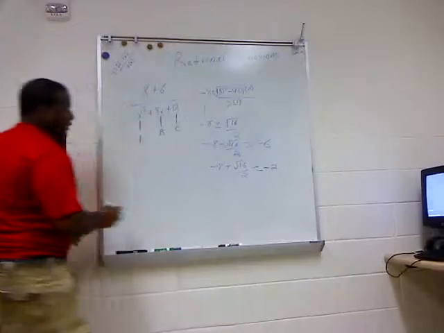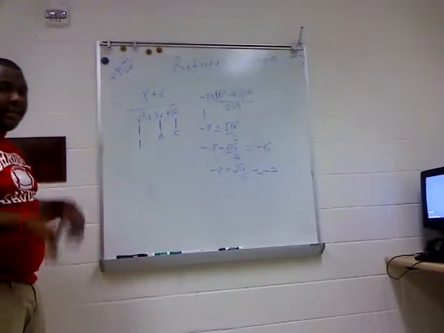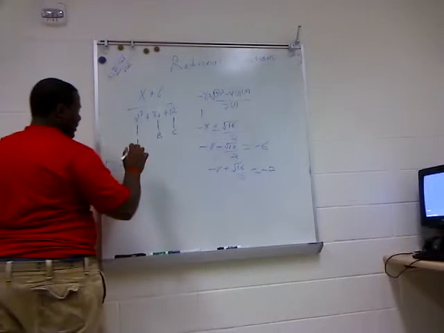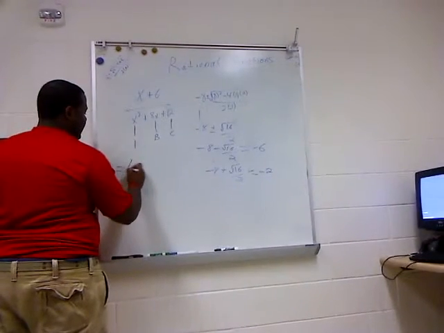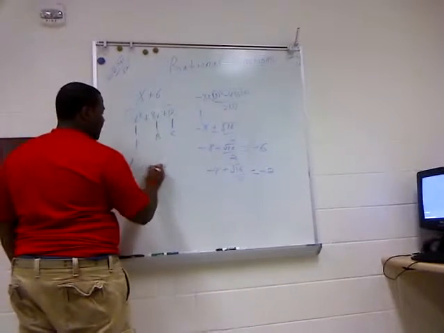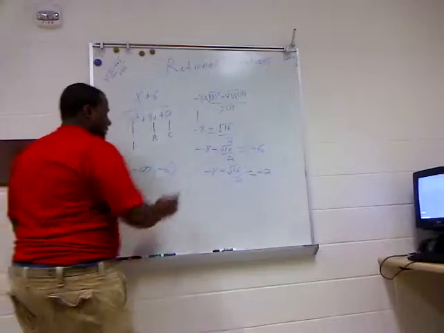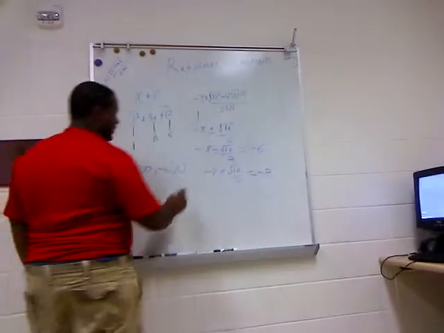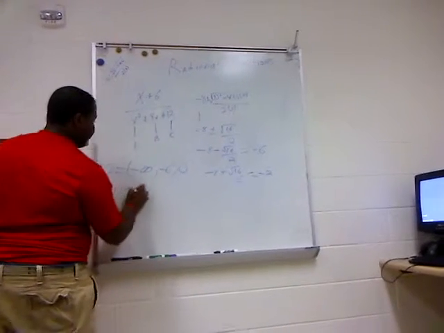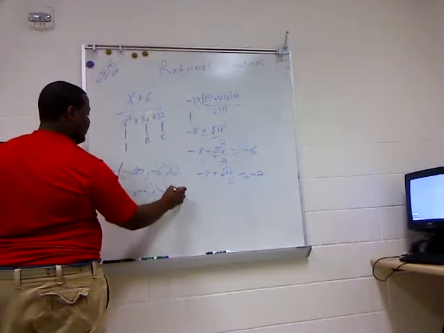So now let's write the domain out. When you write the domain out, we show it going from least to greatest. Your domain will be negative infinity to negative 6, union, negative 6 to negative 2, union, negative 2 to positive infinity. I'm breaking it down here because I'm running out of space.